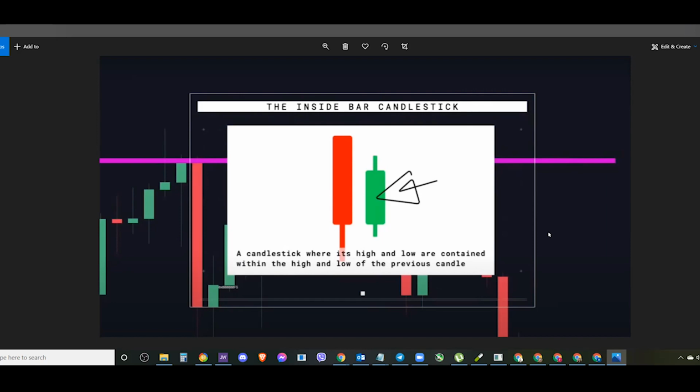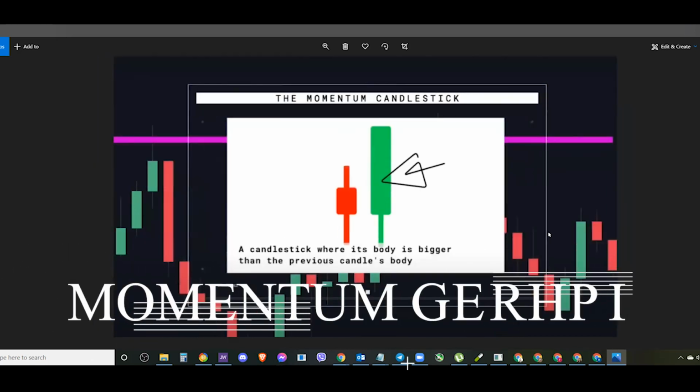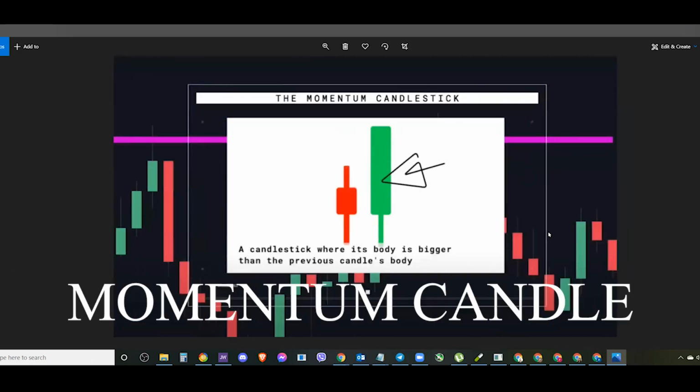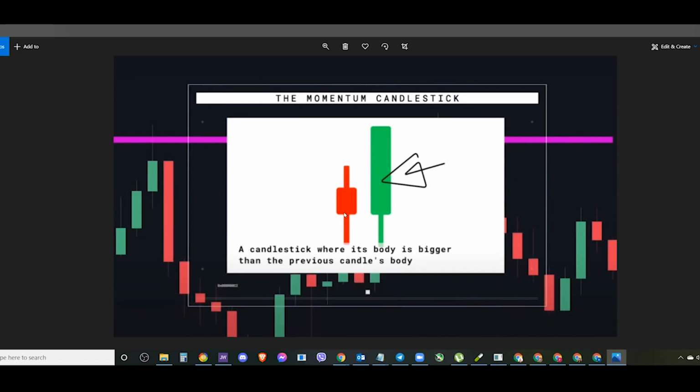Okay? Ang kabaliktaran ng inside bar candle is yung momentum candle. So, the candlestick where its body is bigger than the previous candle's body. So, dyan mo makikita kasi pag-uusapan natin yung mga momentum ng candle. So, ibig sabihin, for example, we have a red candle. What does red candle mean? Red candle means that the price is in a bearish scenario.